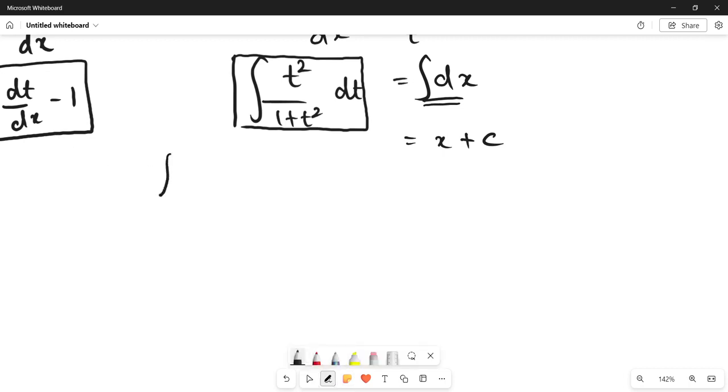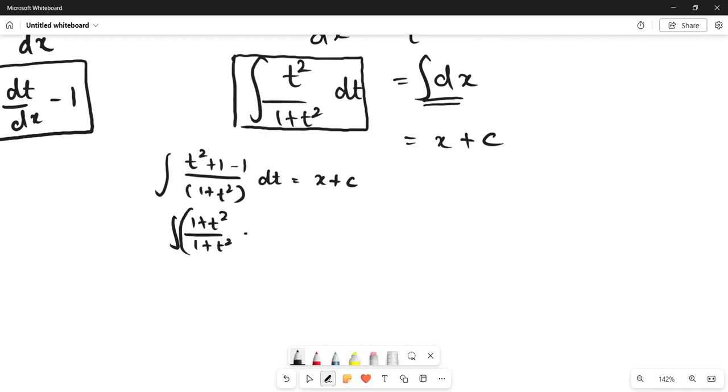Like, it would be the integral of (t square plus 1 minus 1) over (1 plus t square) dt equals x plus c. So we will separate the denominator: the integral of (1 plus t square) over (1 plus t square) minus 1 over (1 plus t square) dt, that is x plus c.